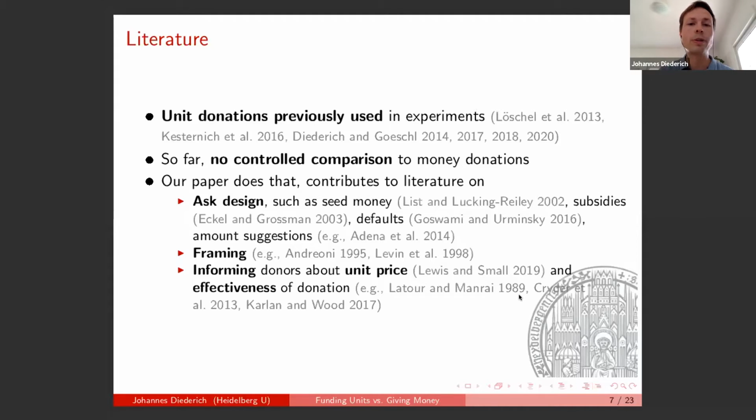And we're not aware so far of any controlled comparison between the two choice architectures in the literature. So by doing that, we contribute to the literature on ask design for donation campaigns, on framing issues in general, and also on the effects of providing information to donors about the unit price, or more generally about the effectiveness of a donation.